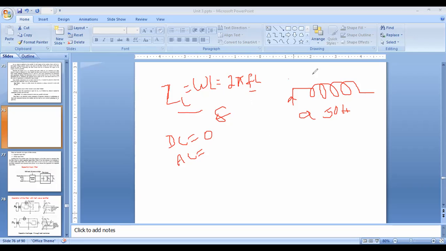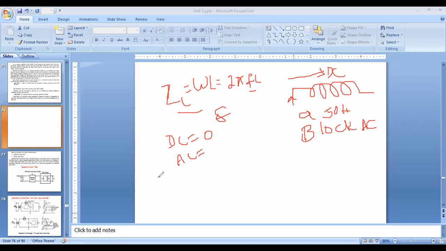Remember this: the inductor coil allows the DC and blocks the AC.